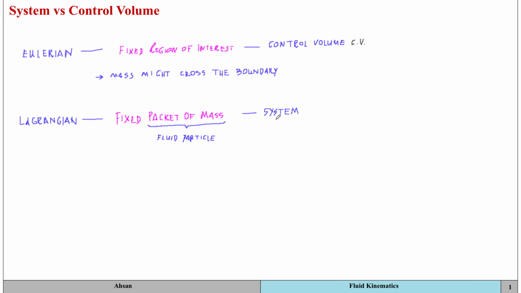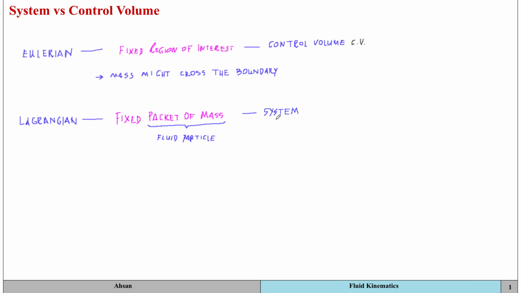Whereas with the Eulerian approach, we're looking at a fixed region or a fixed specific volume in space, and across that, the mass can change. So the mass can cross the boundary of this control volume, which is known as the control surface.